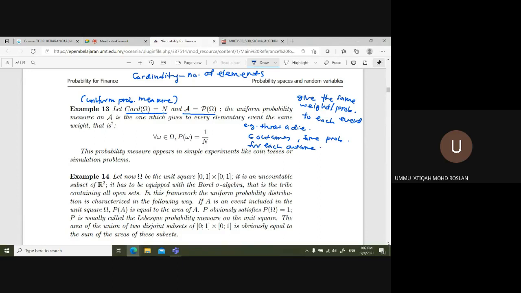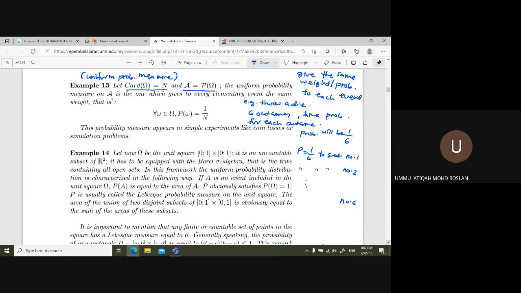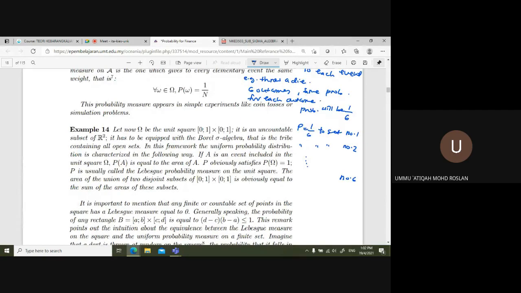Then the probability will be 1 over 6. It means the probability is 1 over 6 to get number 1, 1 over 6 to get number 2, and so on until number 6.